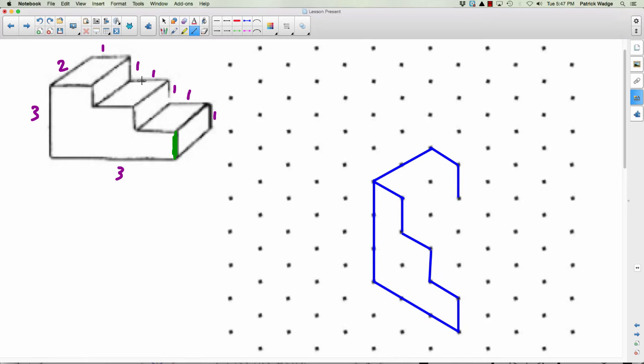So this is not a vertical one, this is a horizontal line, so that's going to be at 30 degrees. So that'll be this one. Then we have a vertical line, so that'll go perfectly vertical. Then I have a horizontal line, so that's going to go at 30 degrees. And then I have a vertical line, which has, again, a distance of 1, so just to there.